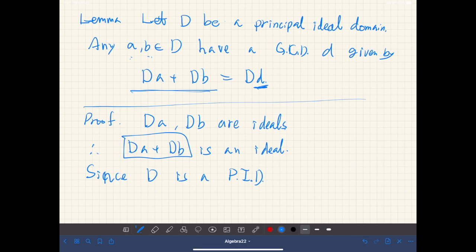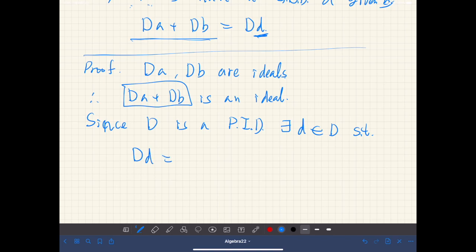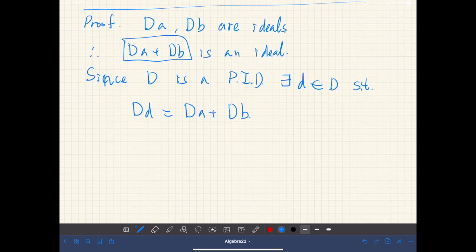So this means there exists some element d such that (d) is equal to (a) plus (b). So far so good. And we claim that this d is the greatest common divisor of a and b.